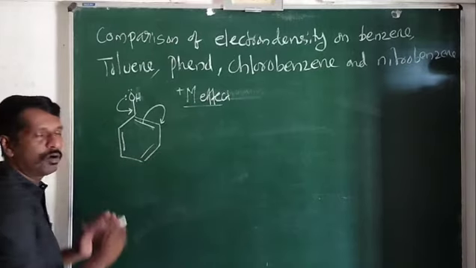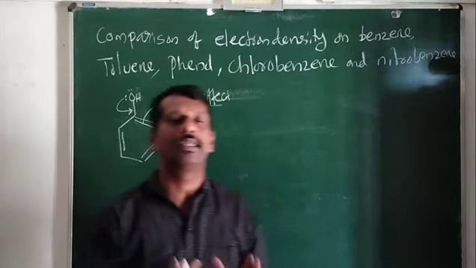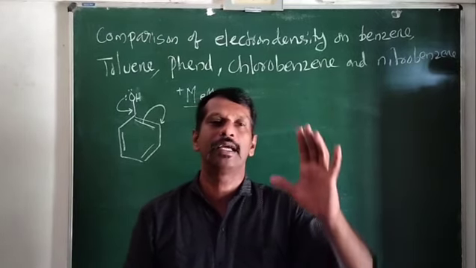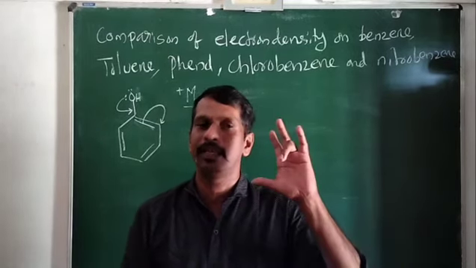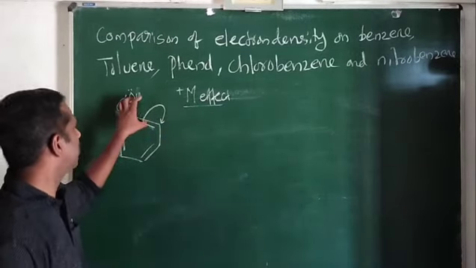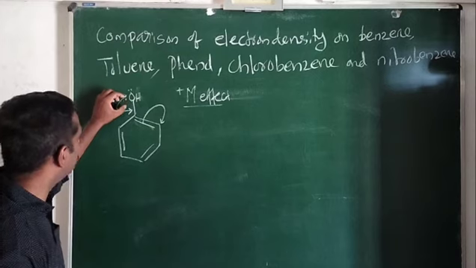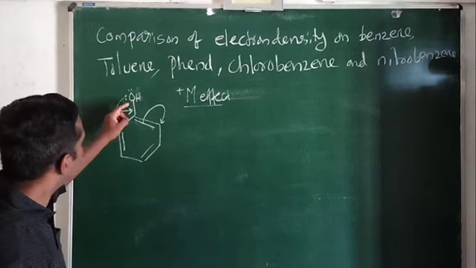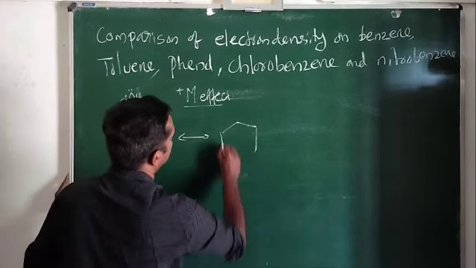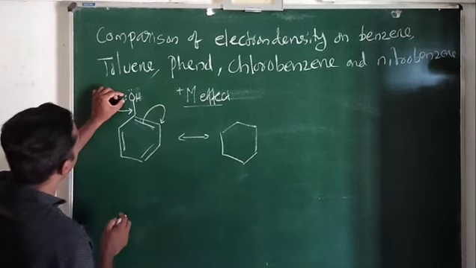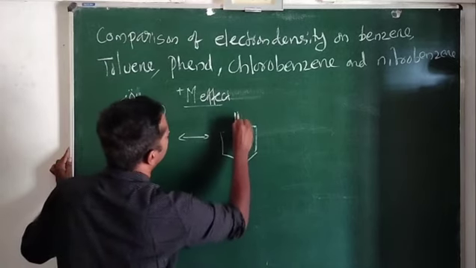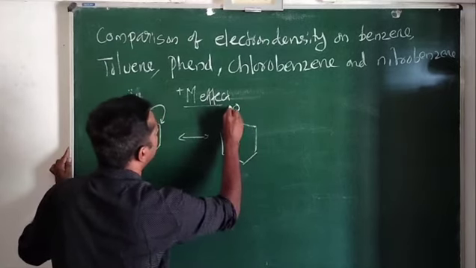So in phenol, what type of electron displacement? Plus M effect. In methylbenzene, toluene, it is the plus I effect and hyperconjugation interaction. And here you can see that with the plus M effect, this lone pair of electrons is pushing into the ring. In the next resonance structure, since this pair of electrons is moved from oxygen and here it becomes a double bond, oxygen gets a positive charge.